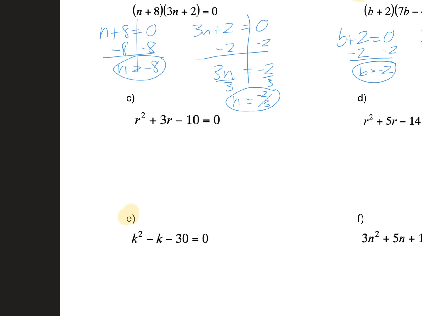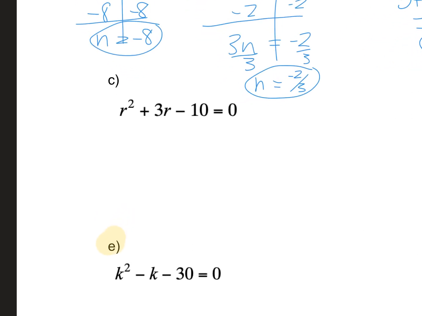Okay, now looking over here at problem C, now we're going to have to do a little bit of work. So it is set equal to 0 already, but it's not factored. So I'm going to have to figure out how to factor this guy. So I know that I'll get two parentheses, one starting with r, and then another one starting with r since that's my variable.